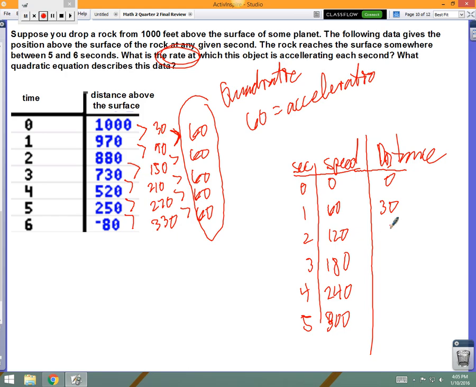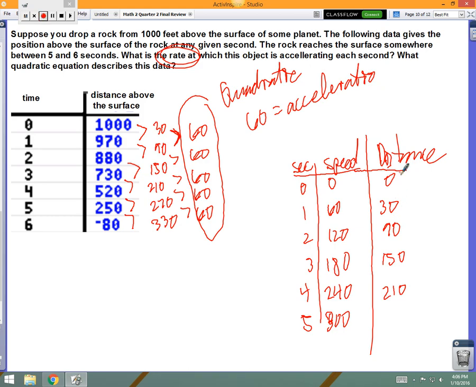So it's going to be 90. And if you find the middle of 120 and 180, that is halfway between there is going to be 150. If you find the middle between 180 and 240, halfway between there is 210.